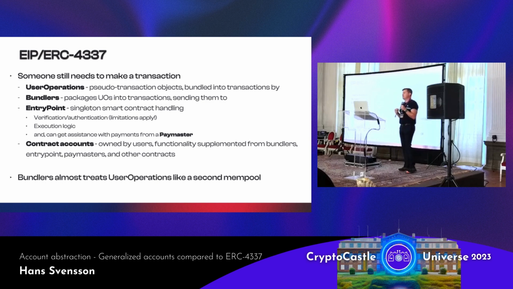So you have your user operation, you send one bit of data to the verification, one bit to the execution logic, and there's a third bit which will be sent to your paymaster, and the paymaster can handle either ERC-20 tokens or actual ether to pay for the user operation size. And I already mentioned that the bundlers will treat the user operations more or less like transactions.